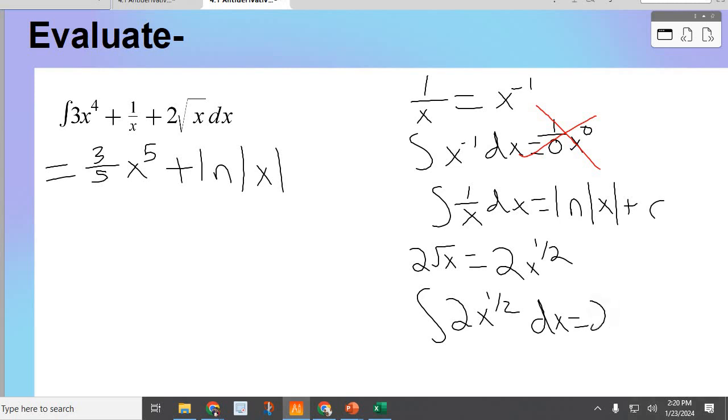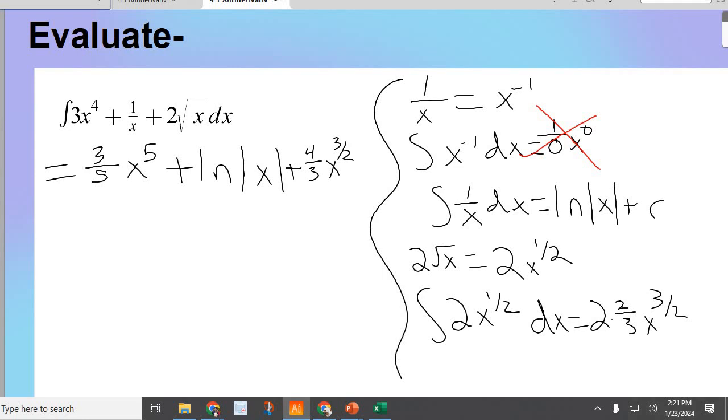Yeah, so we get 2 times 2/3 x to the 3/2. What is 2 times 2/3? 4/3 x to the 3/2. And again, what do we have to add? Plus c.